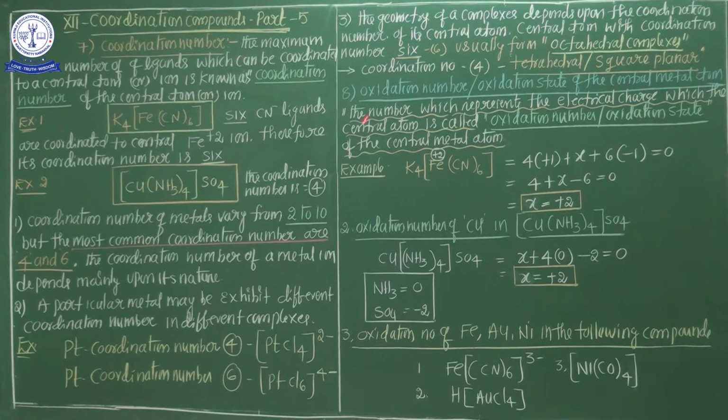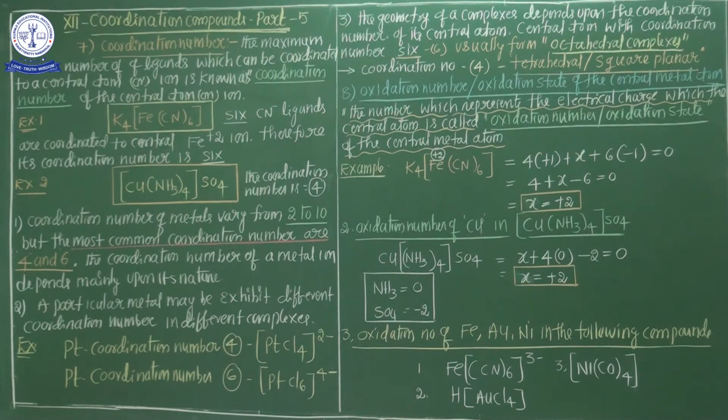The third important point is the geometry of complexes. Generally, coordination compounds have different types of geometries, which are nothing but polyhedron structures. The geometry of a complex depends upon the coordination number.